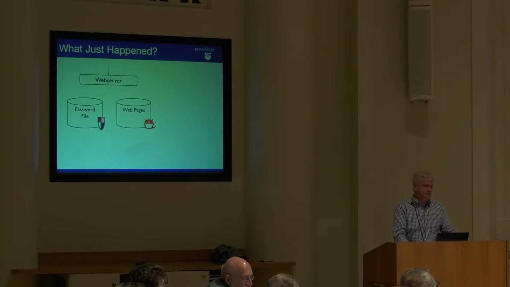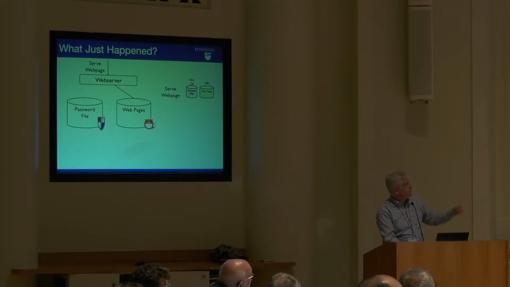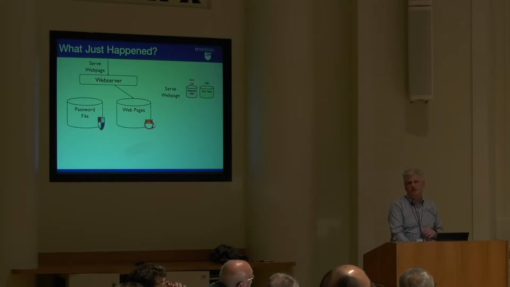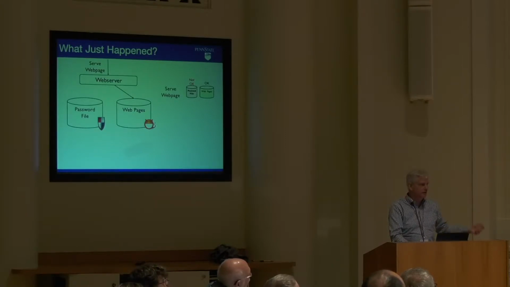So what happened? We have a web server, and a web server can access a bunch of files. It's a web server, it might want to serve web pages, so we do that. And when we serve web pages, as we discussed, we'd like to actually serve web page files, but not serve things like the password file or the private key of the web server.